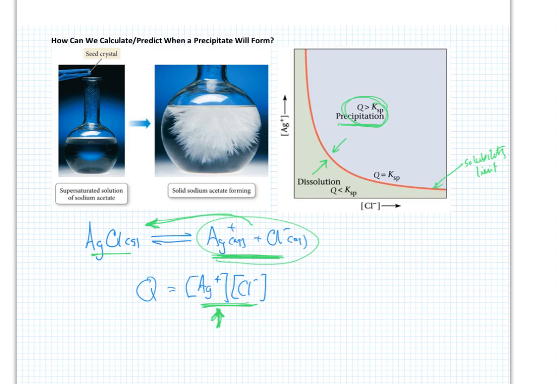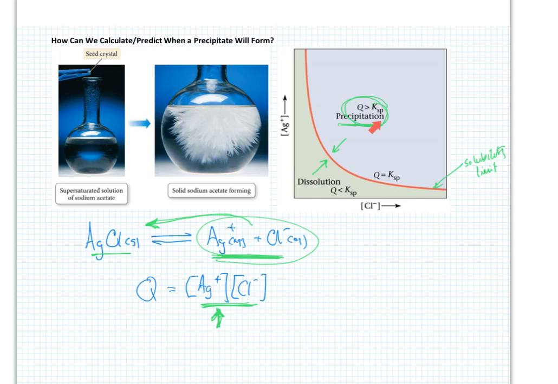If you're less than that, you can continue adding until you get to the solubility limit. All right, so three different cases. Q less than Ksp, your solid will continue to dissolve. Q equal to Ksp, you're at the solubility limit, you're at equilibrium. Q greater than Ksp, and your system is going to precipitate.